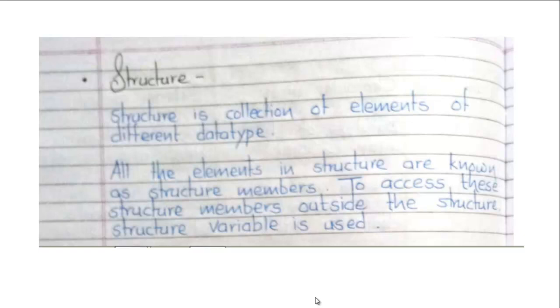Then if I want to access these members outside the structure, you have to use a structure variable. To access these structure members outside the structure, structure variable is used.